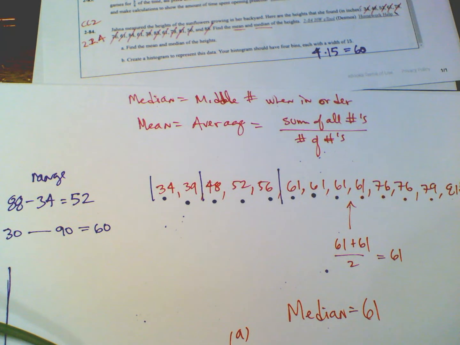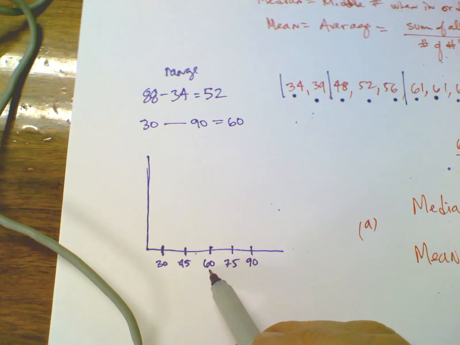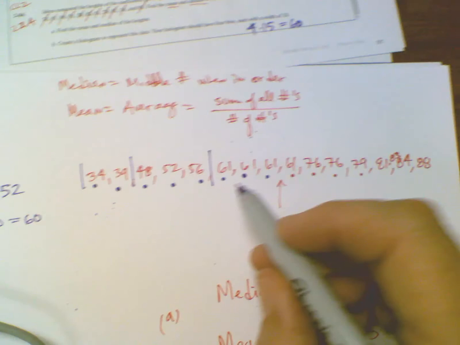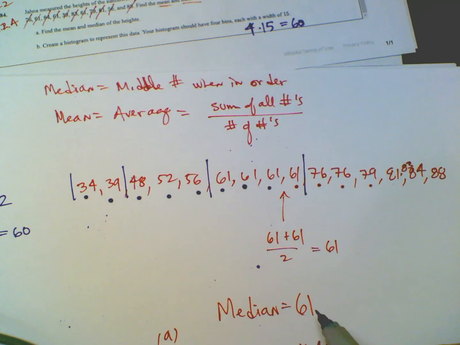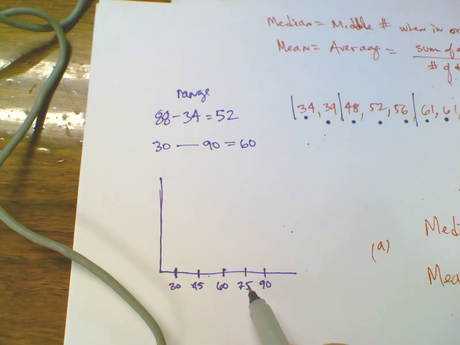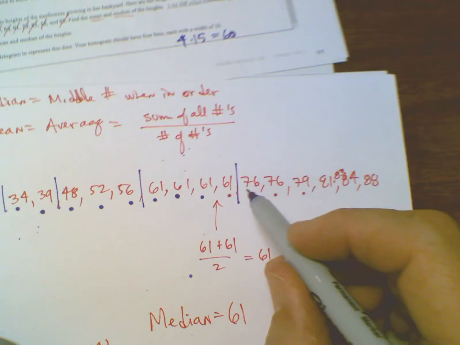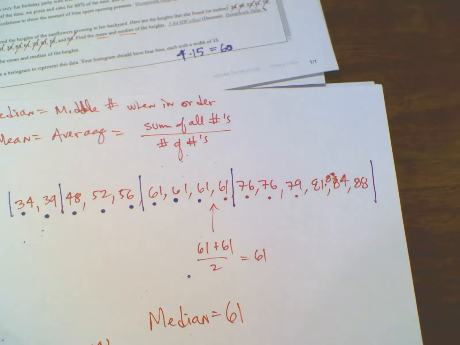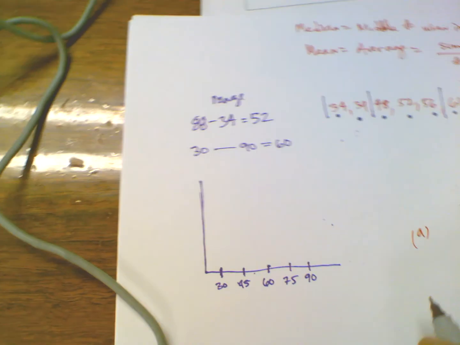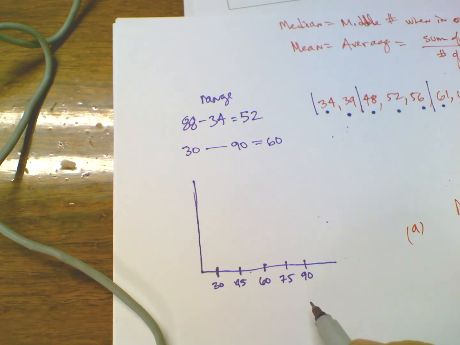So there's 3 numbers. Then the next bin is 60 to 75. So here's all the way to here. So there's going to be 4 numbers in that bin. And then my last bin is 75 to 90, which we look here, there's 1, 2, 3, 4, 5, 6, 7 in that.